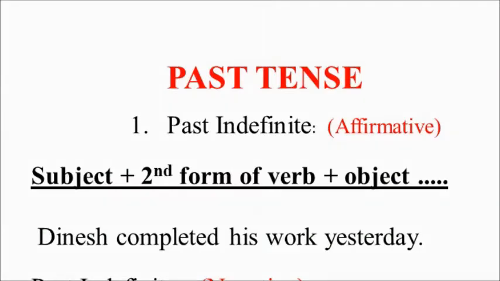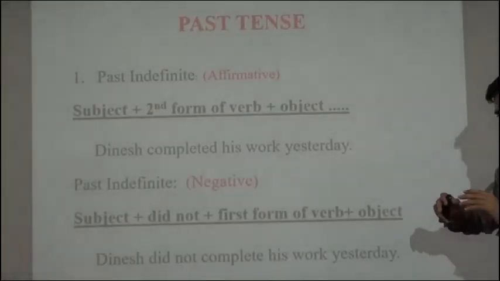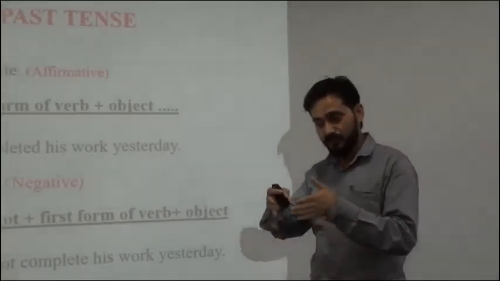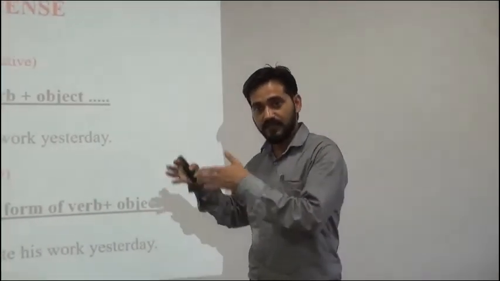Dinesh completed his work yesterday. Now who is Dinesh? Dinesh is the subject. What is completed? This is the second form of complete. His work is the object, and what is yesterday? This is the time. So you are learning to express yourself in the proper way in past tense.